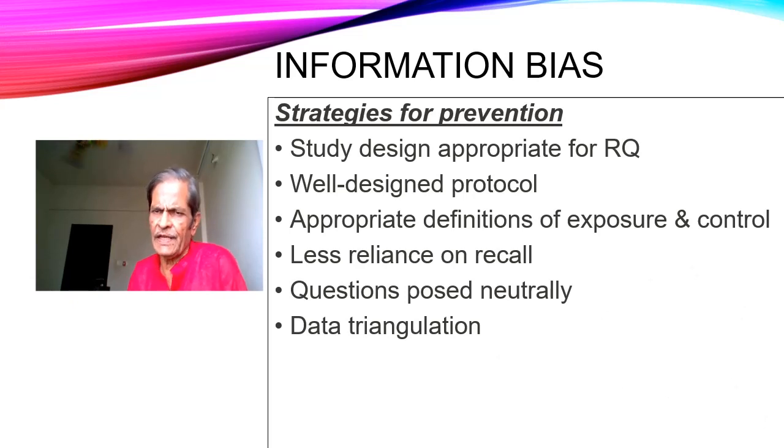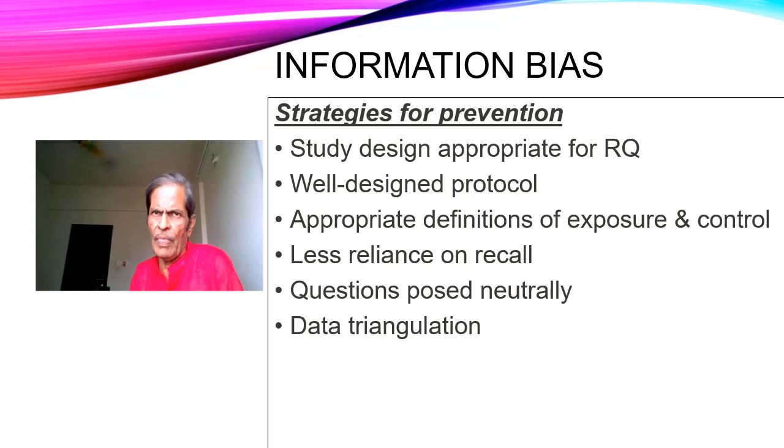If you are relying more on recall, then recall bias, and thus information bias, is likely to occur. A well-designed study protocol should consider the possibility of information bias. The question could be asked in different ways, and triangulation could be used for obtaining the information, included in the protocol. Appropriate definitions of exposure and control should also be made, so you can avoid information bias.